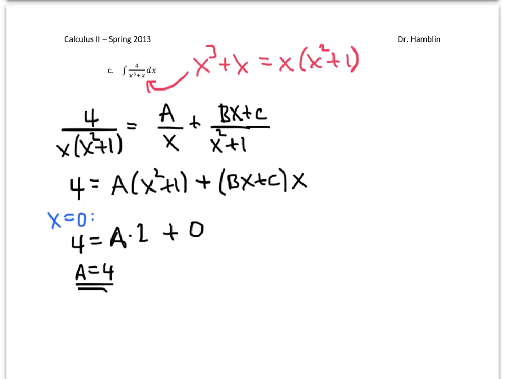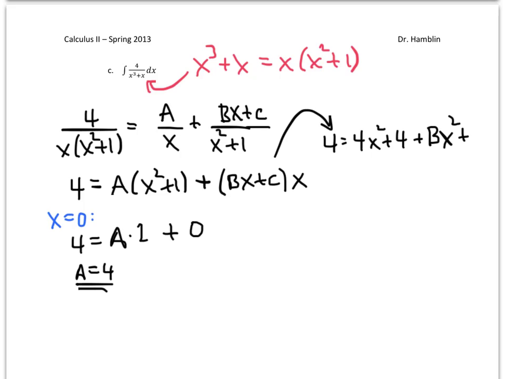Well, for that we're going to have to multiply this out and equate coefficients. So we do that over here. We're going to get 4 equals, we know a is 4, so 4x squared plus 4. We don't know what b and c are, but when I take this bx times x, I get bx squared.